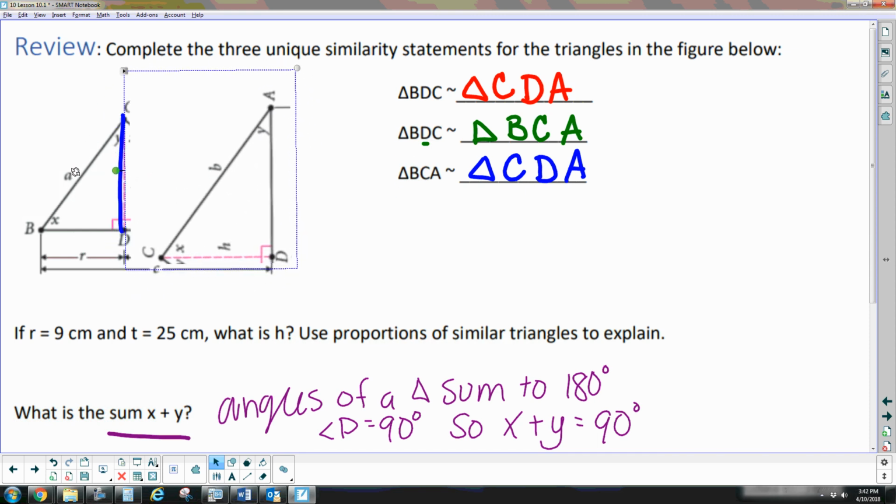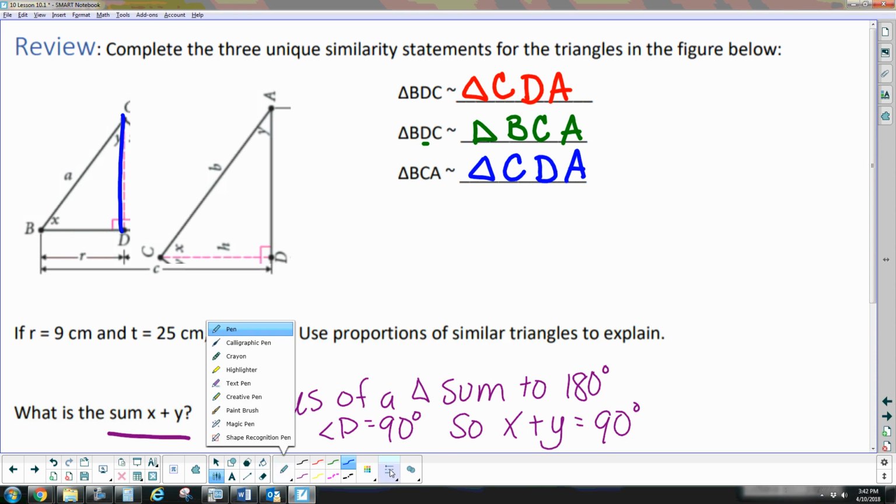So let's just shift this triangle that also involves h. So just imagine rotating that triangle on the right 90 degrees so that your corresponding parts in your pictures match up. You don't have to do it that way. You can look at your similarity statements, but it's just a little bit easier to visualize if we rotate that second triangle.